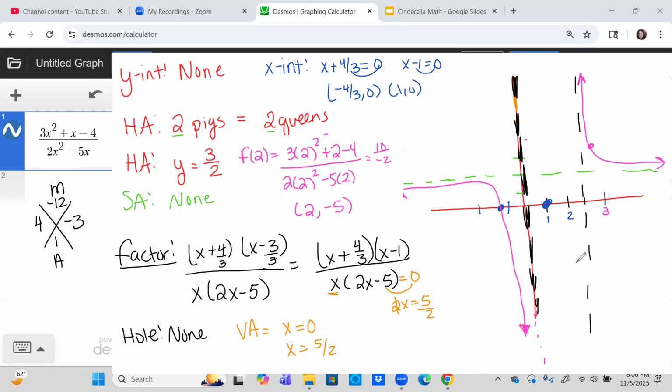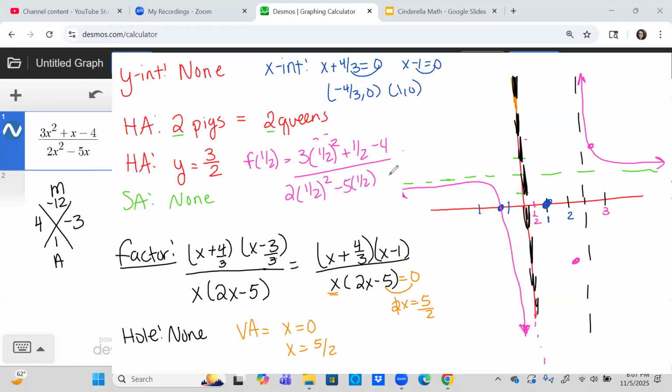So like down here. And then let's plug in a half, to the left side of 1. Now that's going to be annoying, but we'll just let our calculator do it. So f of a half: 3 times a half, or 0.5, squared, plus a half minus 4 over 2 times a half squared minus 5 times a half. I'm just going to plug that all through the calculator at one time.